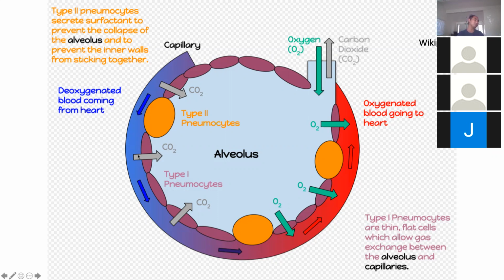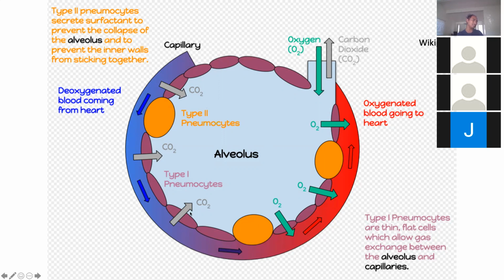The carbon dioxide from the blood will leave the capillary and diffuse into the alveoli as the capillary goes along. The oxygen from the alveoli will diffuse into the blood, and the blood will gradually become redder, more oxygenated, and leave the alveoli.